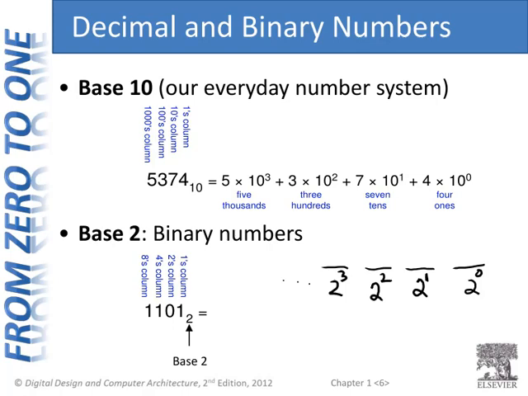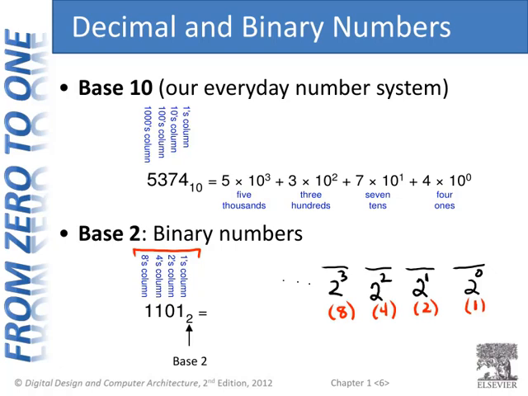And now we can say what these are. Well, 2 to the 0th power, anything to the 0th power again is 1. 2 to the 1st power, 2. 2 to the 2nd power, 4. 2 to the 3rd power, 8, and so on. 16, 32, etc. And so here, that's what we have written here. The 1's column, the 2's column, the 4's column, and the 8's column.